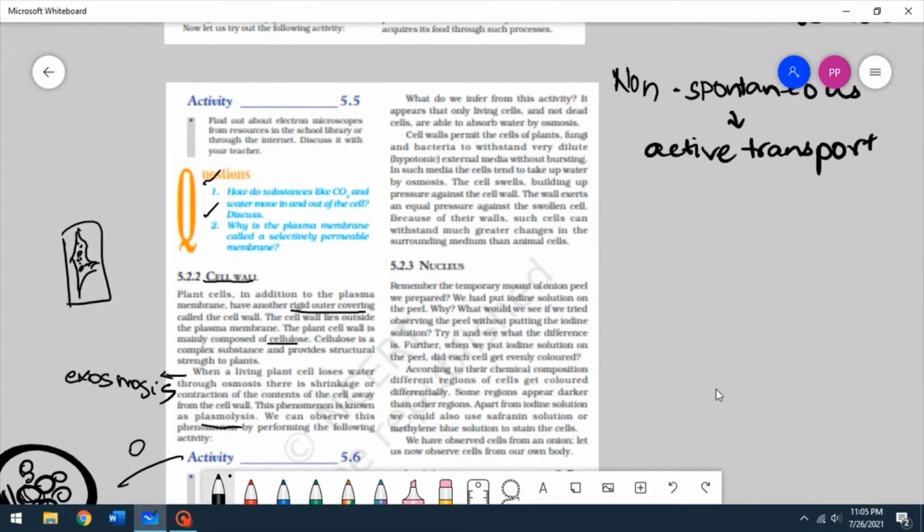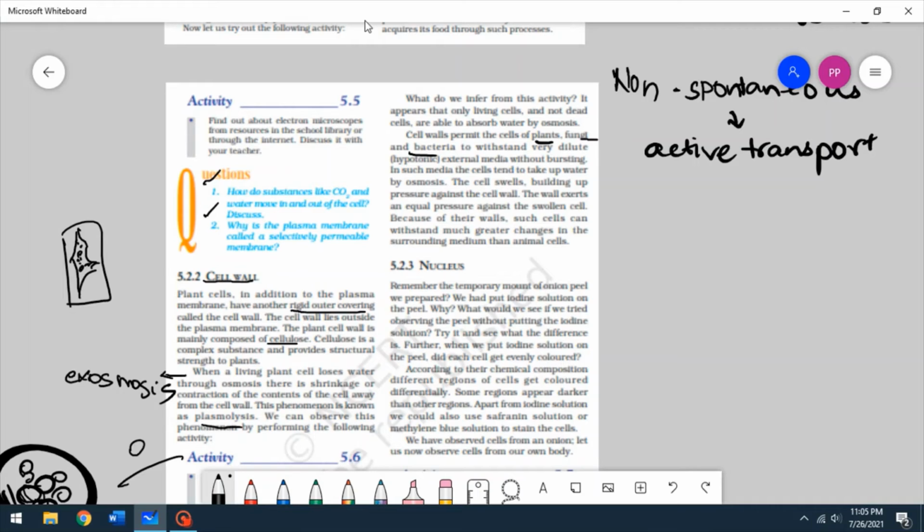Alright, cell walls permit the cells of plants, fungi and bacteria to withstand very dilute hypotonic external media without bursting. So when the external medium is dilute, there is a tendency for the cells to take up the water to make the outside surroundings concentrated.